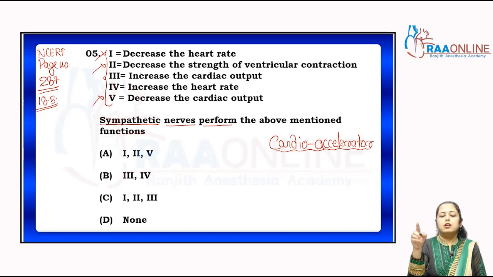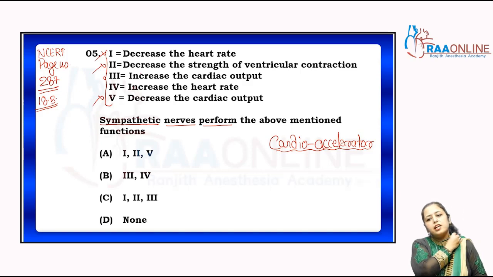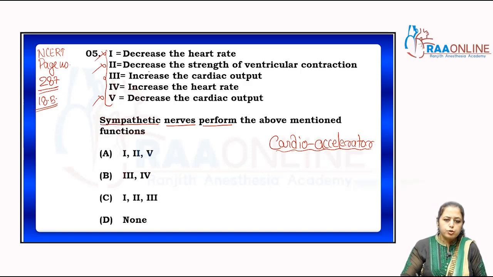read the sentence properly. Maybe in that particular sentence some changes are there which are not related with the cardio accelerator, right? So in the third option, it increases the cardiac output. Yes, obviously, because it increases the heart rate. So when heart rate increases, then the cardiac output also increases. Why?